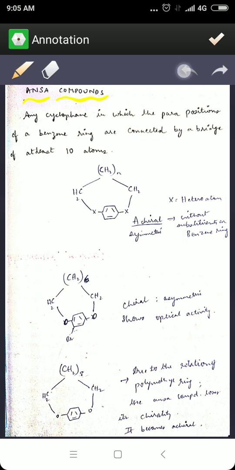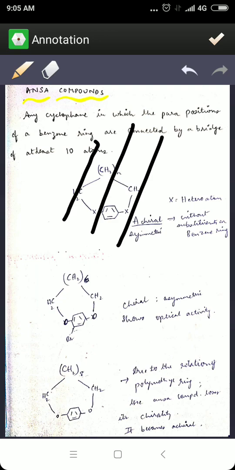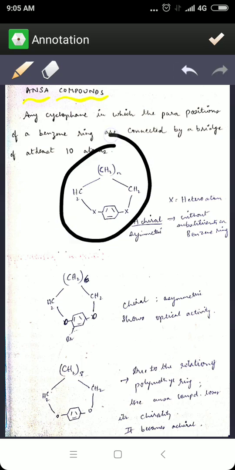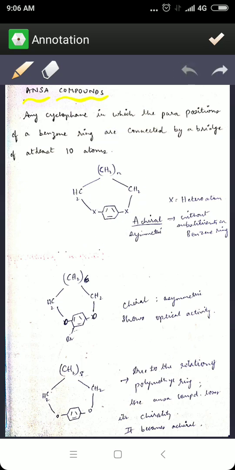Now when you have to consider the stereochemistry, the chirality, what we do is pass a mirror which directly bisects the molecule. When you pass a mirror dividing the molecule, you can see there are going to be two mirror images, and hence this ANSA compound, where there is no substitution on the benzene, is going to be achiral and symmetric.